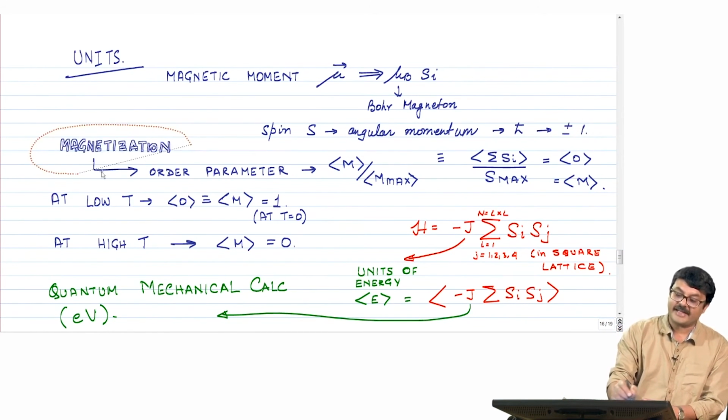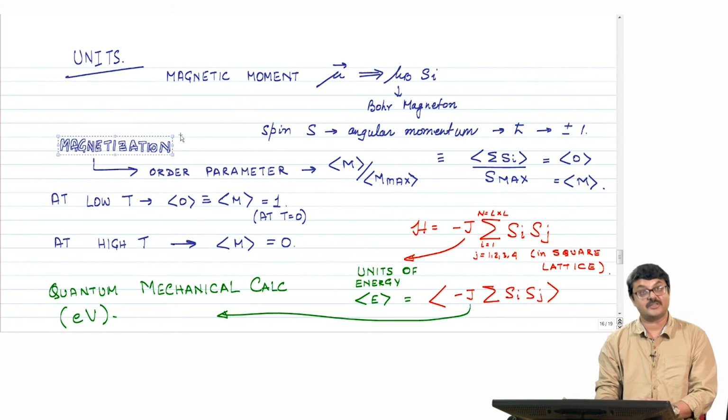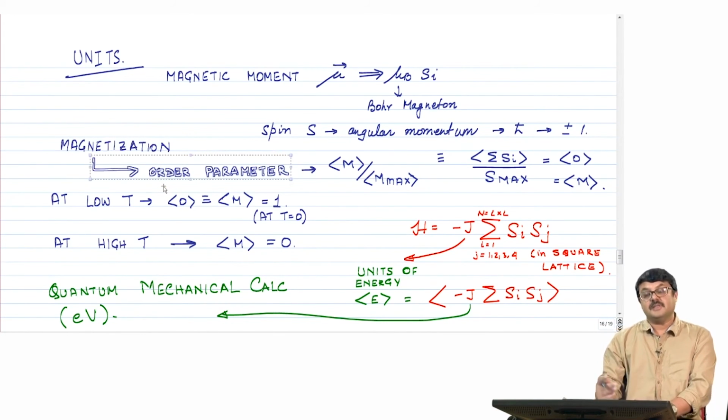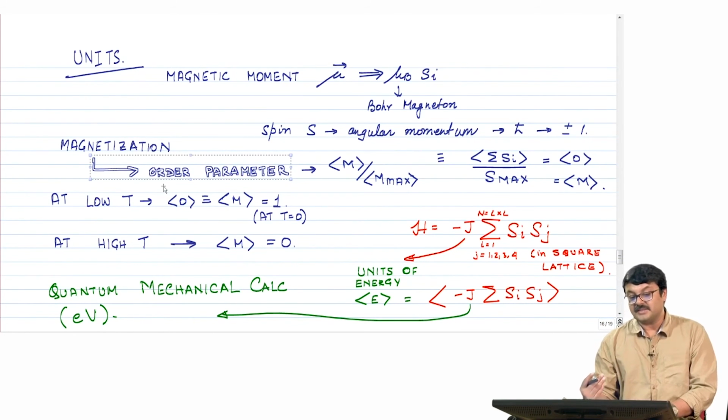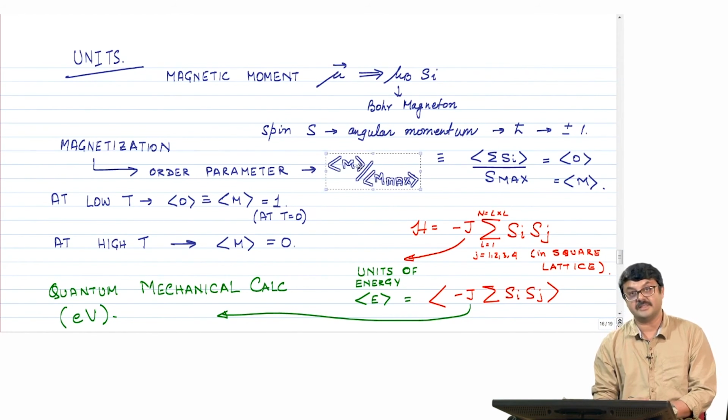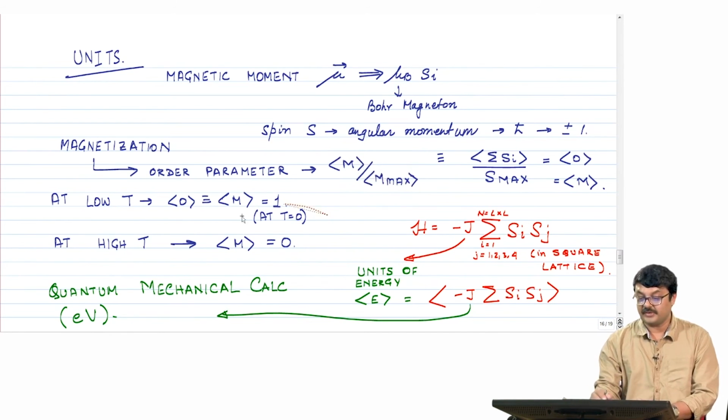Moreover, we are measuring magnetization. When we use the word magnetization, we actually mean magnetic moment, which at a particular temperature will of course have units of magnetic moment, and we use magnetization as the order parameter. For purposes of the calculation we measure magnetization as the magnetic moment at a particular temperature, where the angular brackets again represent the canonical ensemble average, divided by the maximum magnetization possible, which can be only at 0 temperature, right.